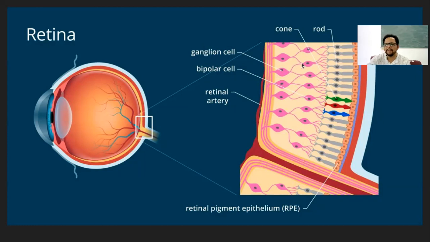And they are connected with the network of nerve cells, or what we call ganglion, which we'll see in the next chapter of nervous system. These nerves combine together to form an optic nerve, which takes the signal from the eye to the brain. So that is the overall structure of the retina.